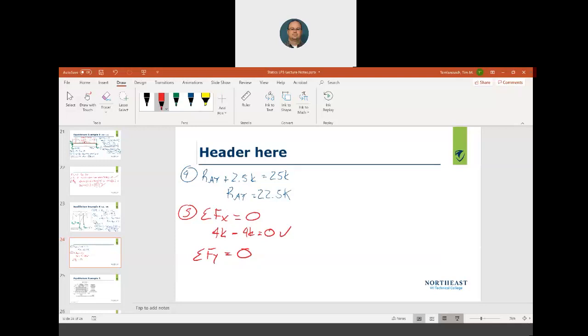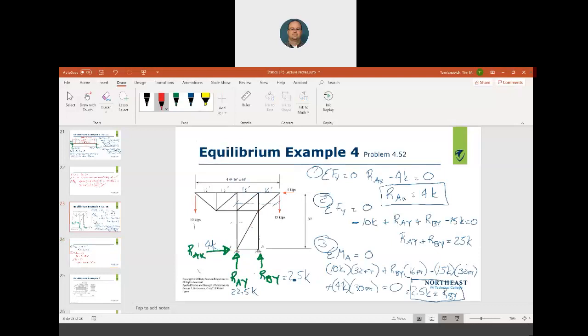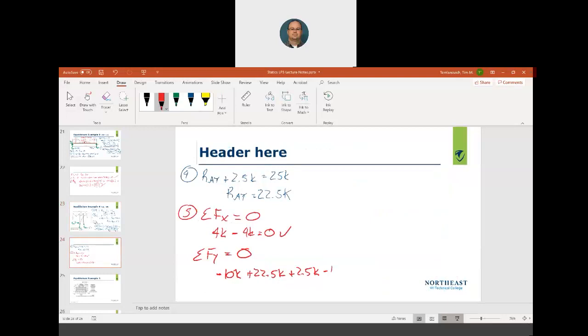So I have minus 10 kips, plus 22.5 kips, plus 2.5 kips. Okay. Minus, what is that over there? Minus 15. Minus 15 kips equals 0, and it does.